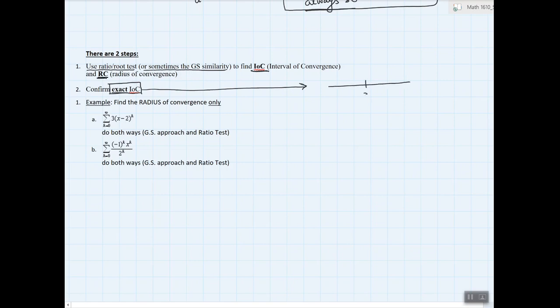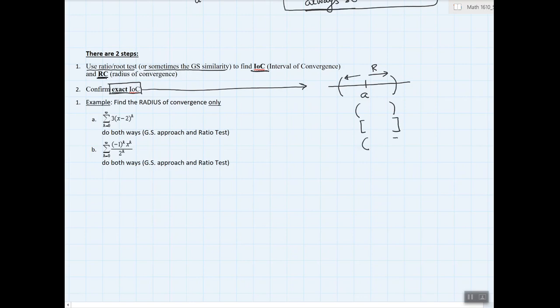Suppose this is my center and I find this at a distance r to be my interval of convergence. Now when we say exact interval of convergence, we mean the following. This interval could be like this, it could be like this, that means the endpoints are included.